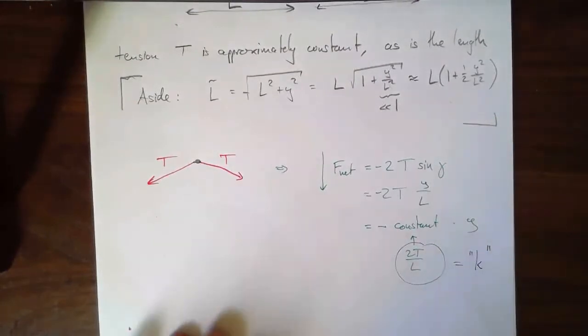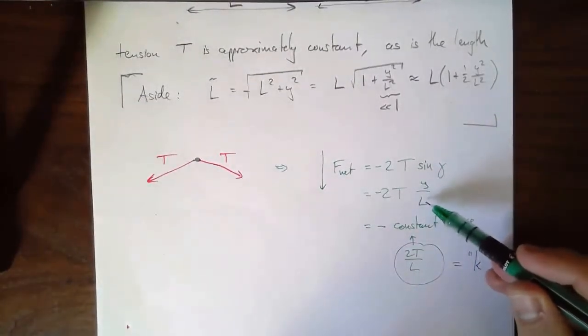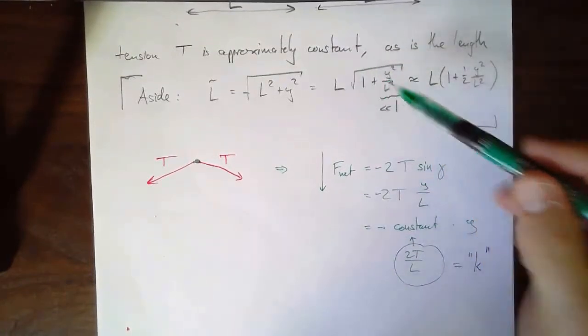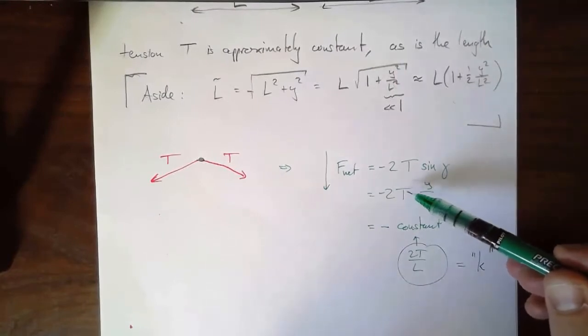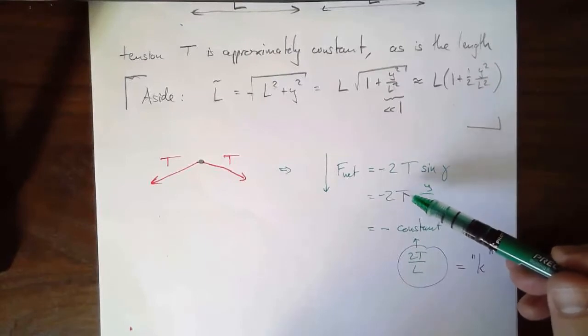Now, if you are more careful, you could write this y over L, which you replace by this expression here, and T you might modify a little bit too to accommodate for the fact that the string and the rubber band stretches.